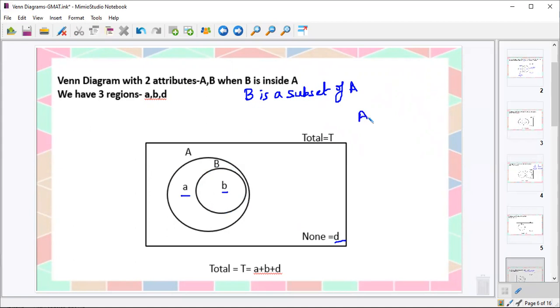Let's say A is the category of animals, and B represents the cat family. So B is entirely enclosed in the set of A. B, the cat family, is a subset of the animals category. So we can represent it in this manner.